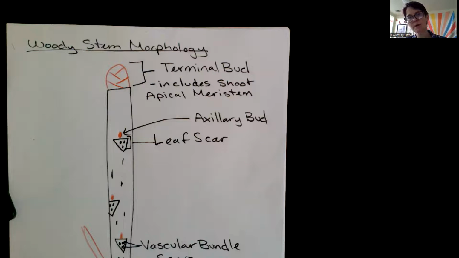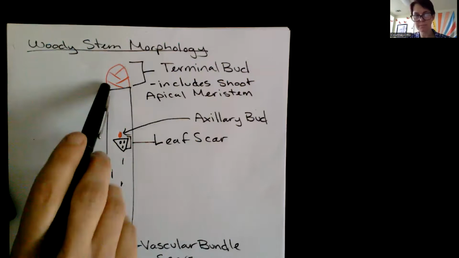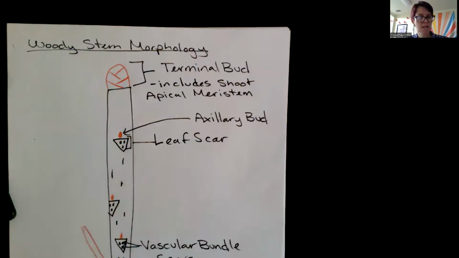We'll talk about this in just a little bit, but that's where we're going to get elongation. That's how we're going to get new sections of the shoot being produced by growth really in that shoot apical meristem. Well, remember, we're imagining this woody twig in the wintertime. And so our shoot apical meristem is dormant. It's not actively dividing. And it's usually covered up by these protective structures that we call terminal bud scales.